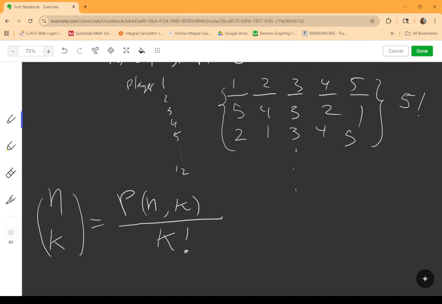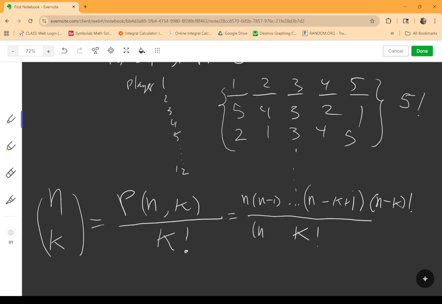All right, and then we could see here the formula that I presented without proof last time: n times n minus 1, dot dot dot, n minus k plus 1, over k factorial. What I can do is multiply by 1, where 1 is n minus k factorial over n minus k factorial.